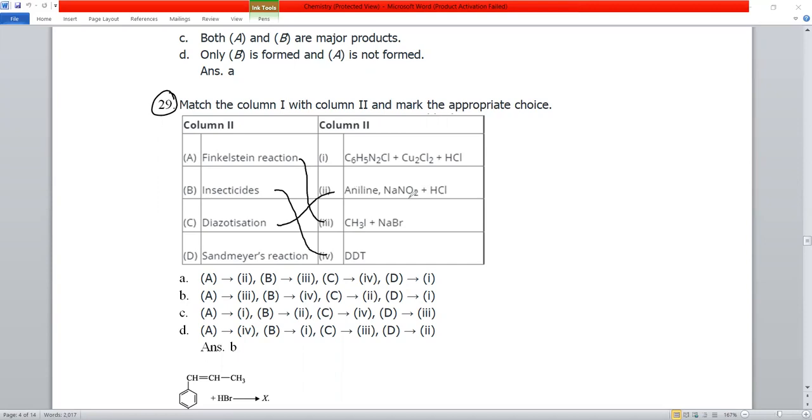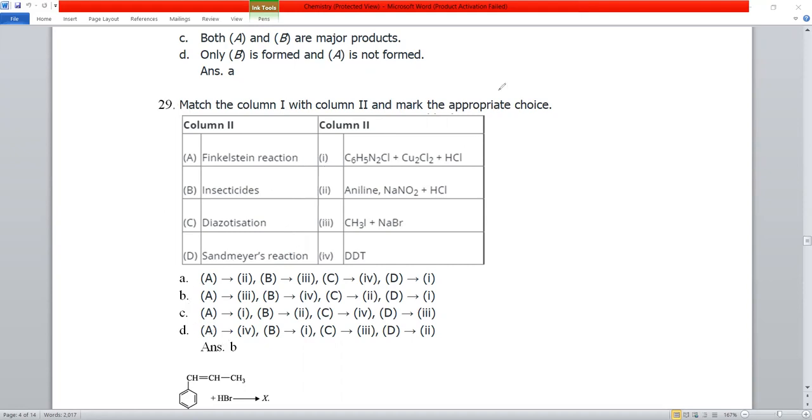Diazotization reaction: aniline treated with NaNO2 plus HCl. Sandmeyer reaction is what, students? Nothing but the benzene diazonium chloride salt, which we get on treating aniline with the diazotization mixture. So benzene diazonium chloride salt and copper(I) salts in presence of HCl will give us chlorobenzene. That is the Sandmeyer reaction. So option B is the correctly matched one.